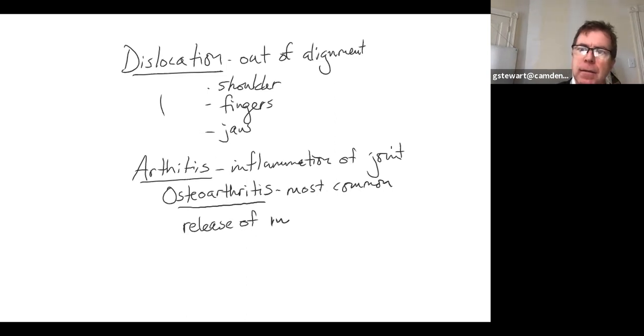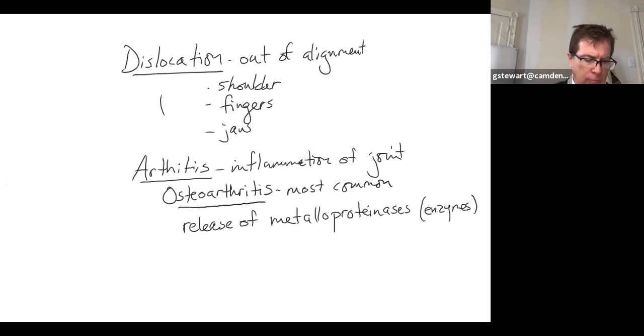metalloproteinases. Spell that out. These are enzymes. So when we use a joint, when we move it over and over again, it causes the release of these enzymes.